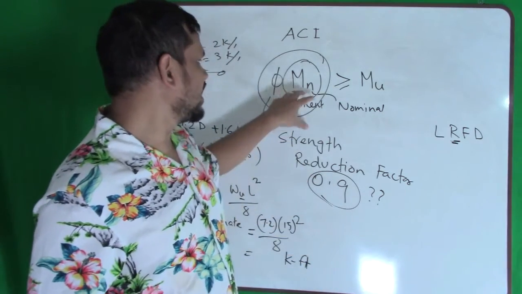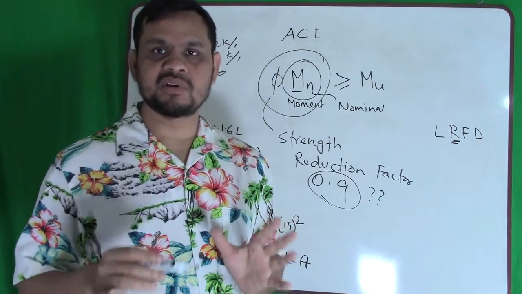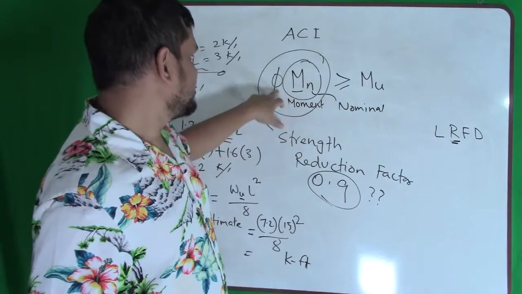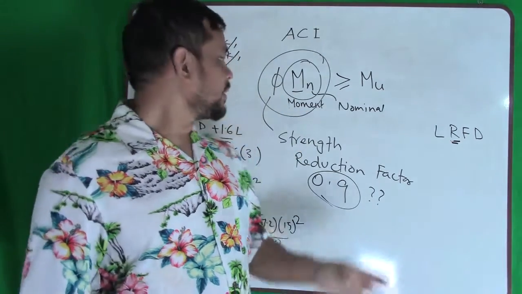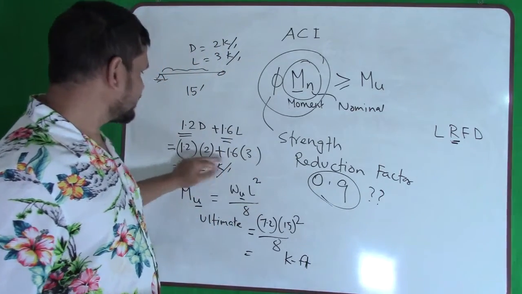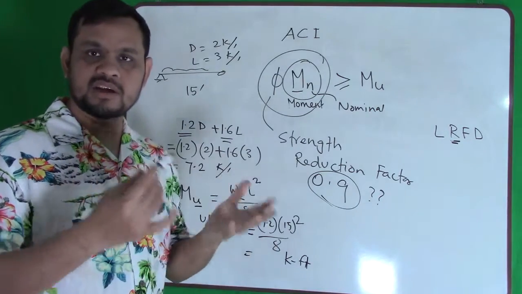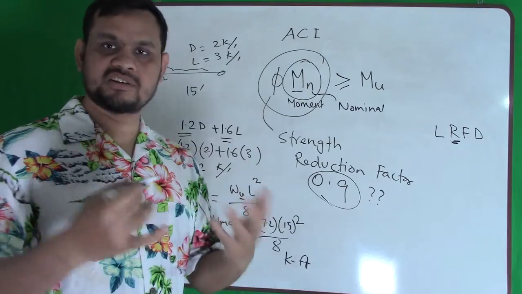So be careful in a question in the FE exam or the PE exam. If this is nominal, that means this. Nominal means theoretical, whatever you get in your lab. And after multiplying by phi, it becomes the design capacity. Now in your member, after applying the factor, if you calculate the moment, it is ultimate moment or factored moment.